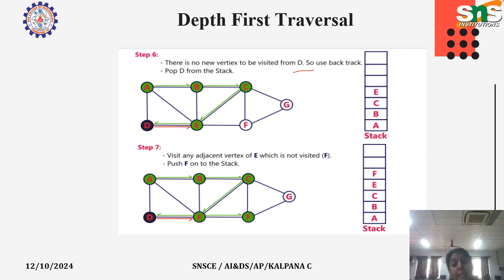We have to backtrack from D. We use the backtrack mechanism so that we can pop D, and visit any adjacent vertex of E. When we backtrack, before D, E was inserted, right? E's adjacent vertices: C is already visited, F is there. So I'm pushing F onto the stack.